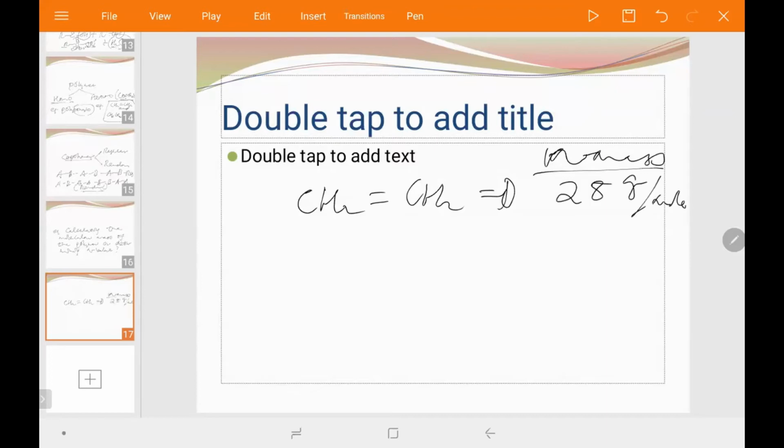Now, students, please calculate the molecular mass of the polymer formed from the ethylene monomer unit, provided that the n value may be 100.